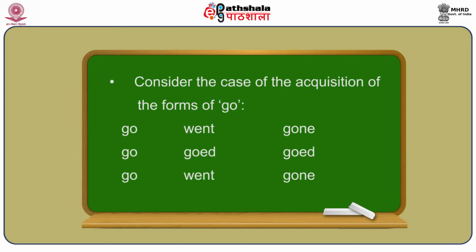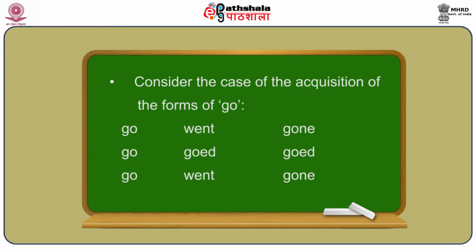The first stage will be go, went, gone. You learn that as three isolated words. But at that time, you do not see the connection between go, went, and gone. They are three different words. The second stage is go, goed, goed, which every teacher will put a circle around and write went or gone on the side.